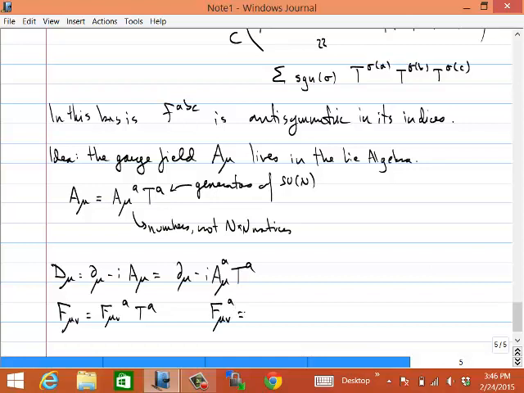F mu nu is d mu A nu minus d nu A mu minus the commutator. And what is the commutator? It's a bunch of structure constants. So you'll get f a b c A mu b A nu c. In writing this formula, I've been freely reordering the indices using the fact that the structure constants are antisymmetric. It's frequently much more convenient to write everything out in this index notation than just thinking about abstract n by n matrices.